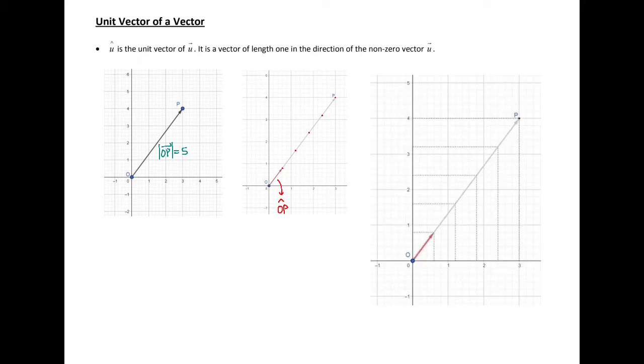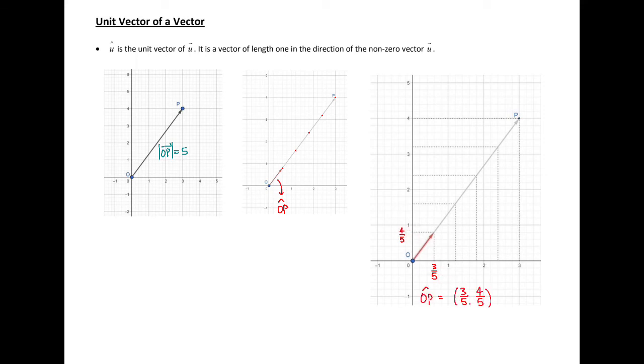Now let's enlarge the graph and look at the location of the head of the unit vector. As we can see from the graph, vector OP originally have an x value of 3 and y value of 4, but since we have to cut into 5 equal pieces for both x and y values, that means the first piece, the x value will be 3/5, and the y value will be 4/5.